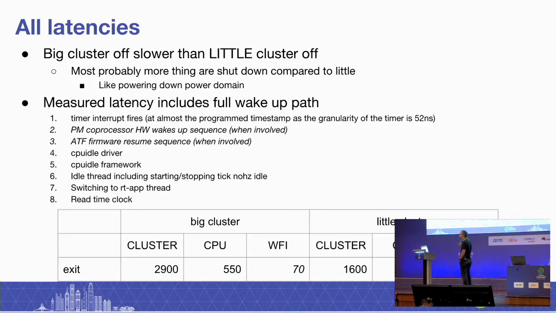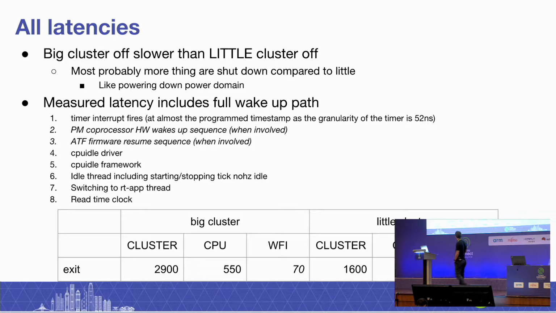Then we are running the CPU idle driver, then the CPU idle framework. We go back to the idle thread, then switch back to the RT app, waking up the tick, and then reading the time clock. So that's probably why we have that much value for the WFI. It's not just waking up the CPU. It's waking up the CPU and switching back to the RT app thread. So we can probably save a few dozen microseconds there.